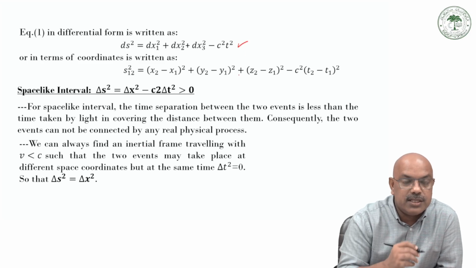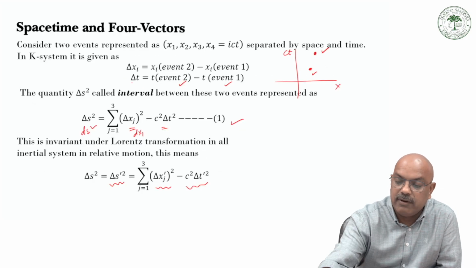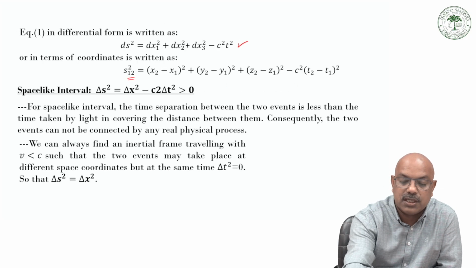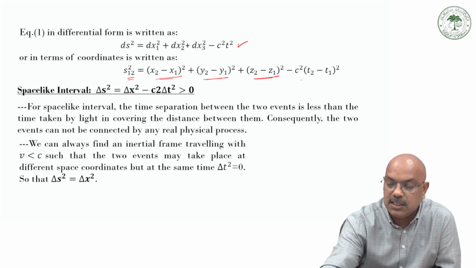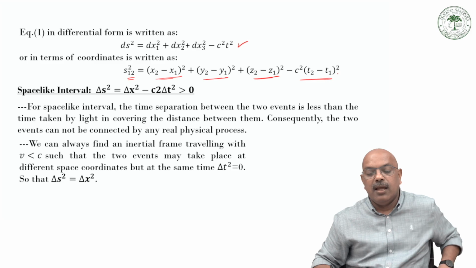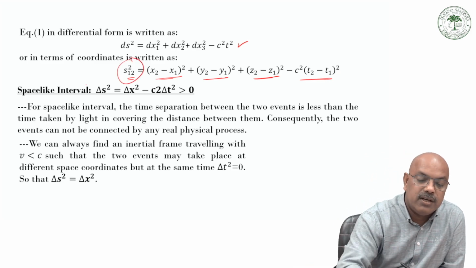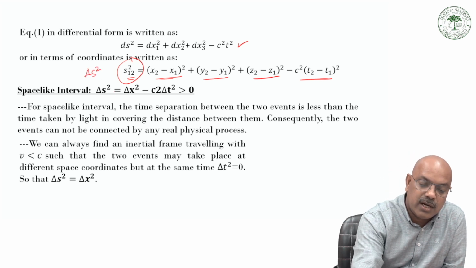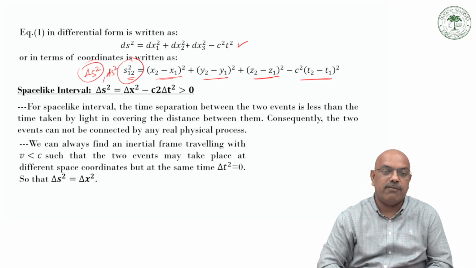In terms of the coordinate system, the events at x1 and x2 give x2 minus x1, y2 minus y1, z2 minus z1, and c times t2 minus t1. Normally we use delta s square or ds square in different forms, differential form or coordinate form.